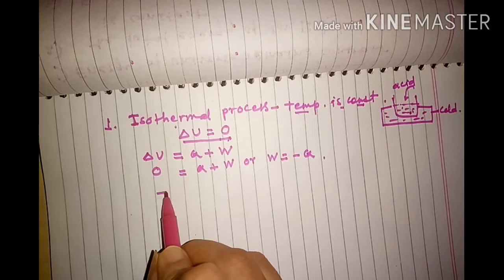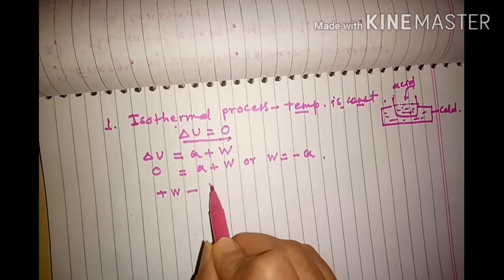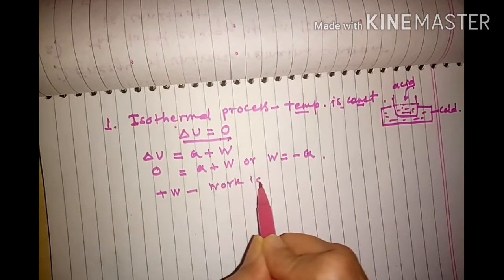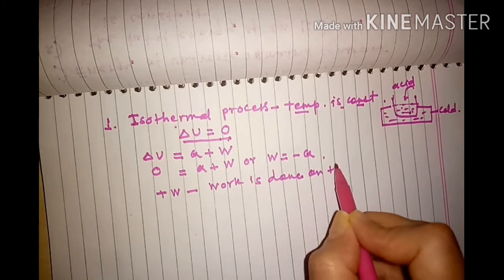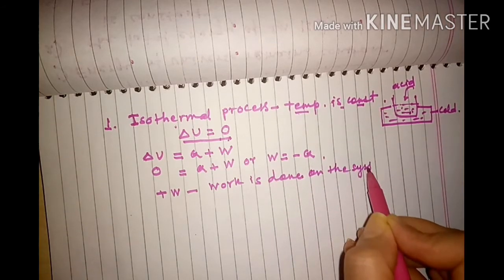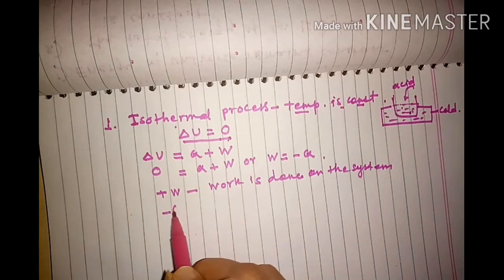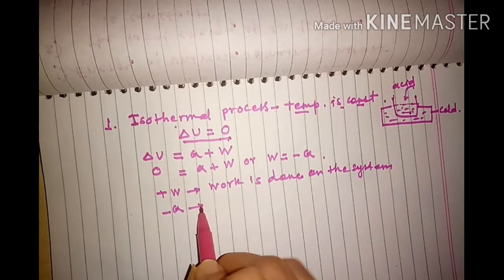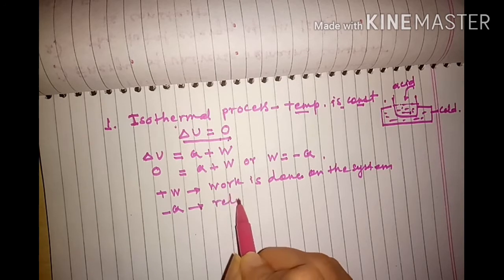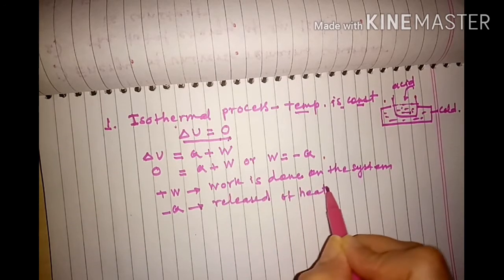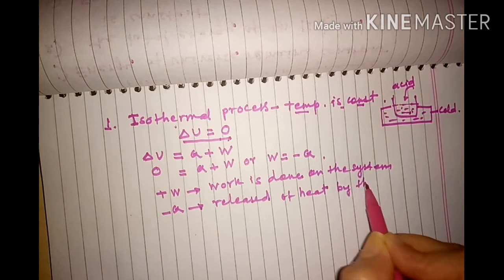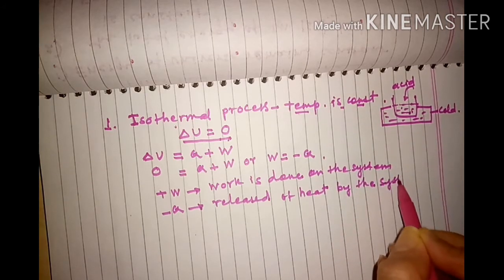When I write plus W, it means work is done on the system by the surroundings. When I write minus Q, it means heat is released from the system to the surroundings.